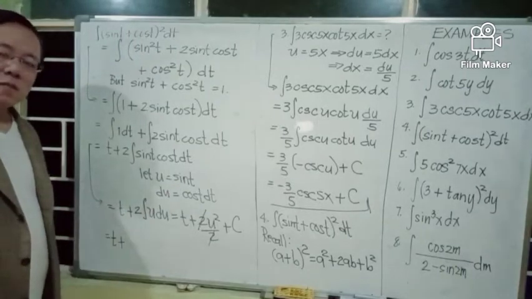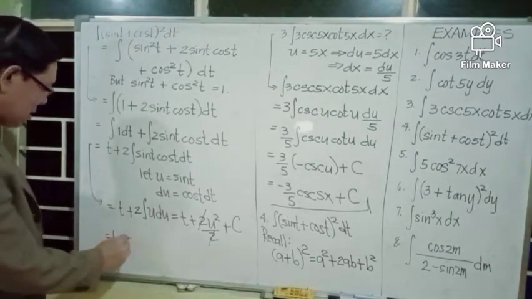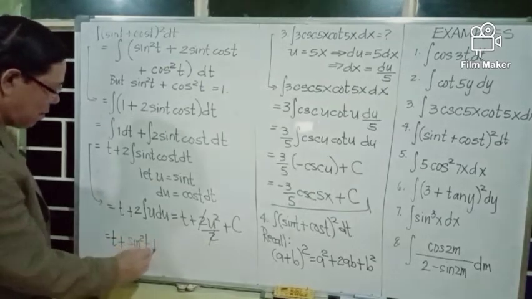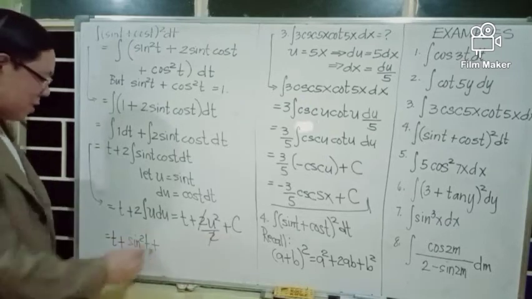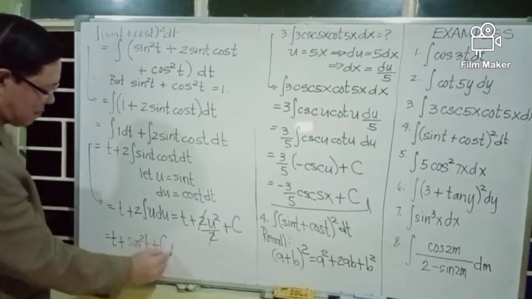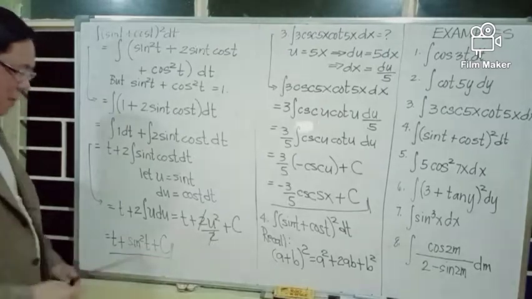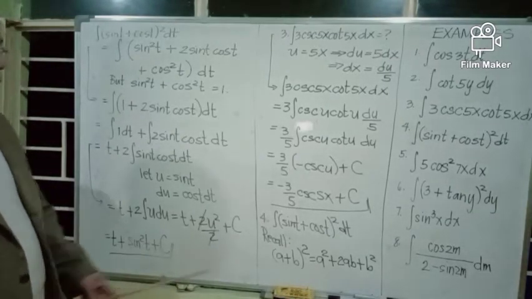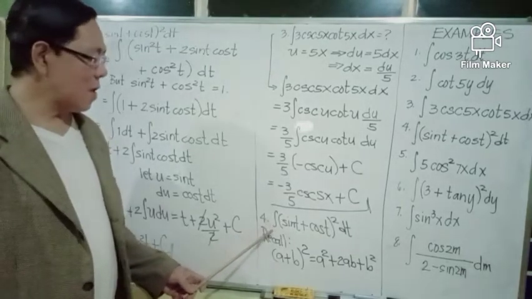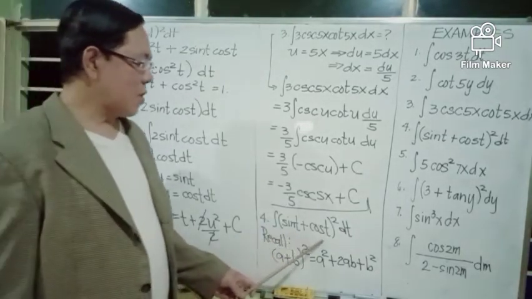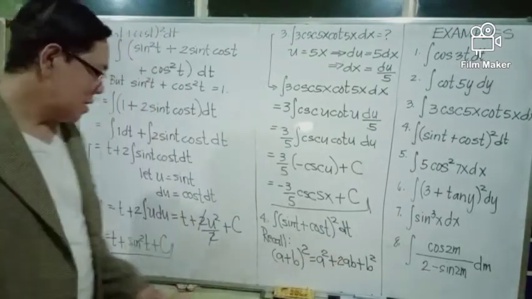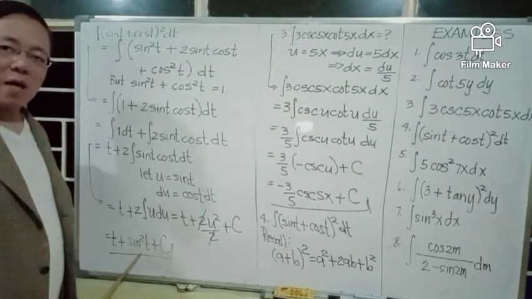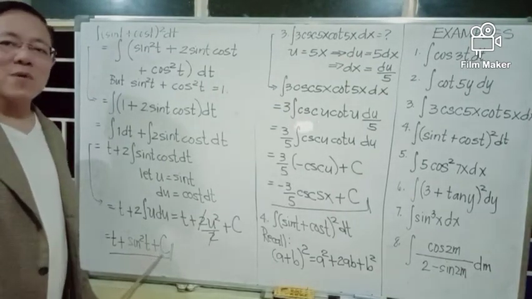And the square of sine t we write sine squared t plus the constant of integration c. Thus, in number 4, the integral of (sine t plus cosine t) squared with respect to t is equal to t plus sine squared t plus the constant of integration c.